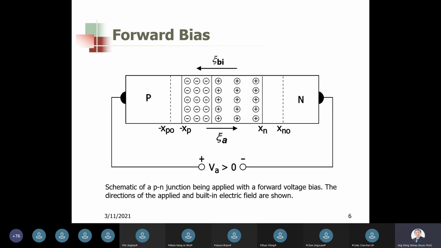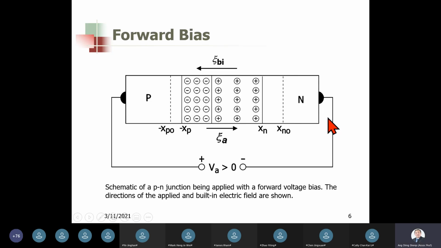Now, this assumption is reasonable because, as I've just mentioned a few moments ago, the space charge region is the most resistive region among the three. So as a result of this assumption, we can assume that no voltage is dropped across the neutral P region and the neutral N region.